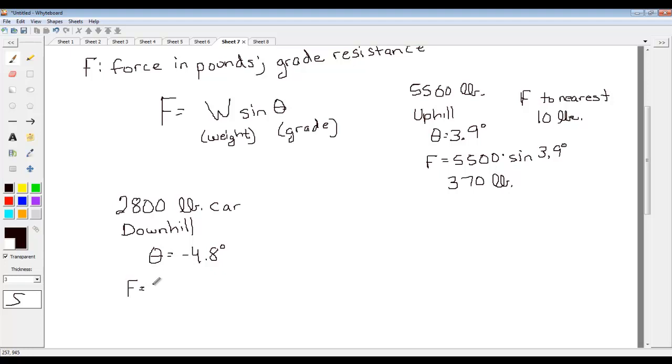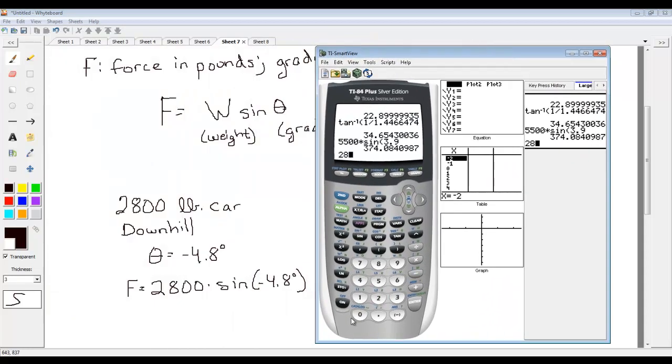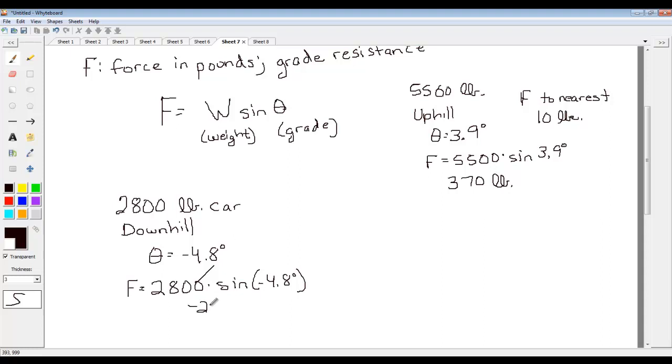Force equals 2,800 times sine of negative 4.8 degrees. Pull up the calculator, 2,800 times the sine of negative 4.8 degrees. You round to the nearest 10, and you get around negative 230 pounds of force. The negative is because it's going downhill.